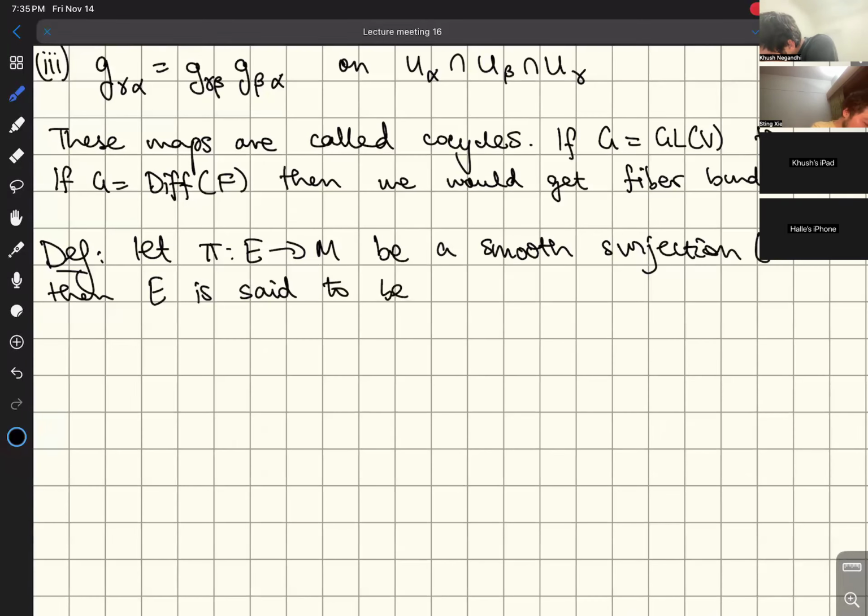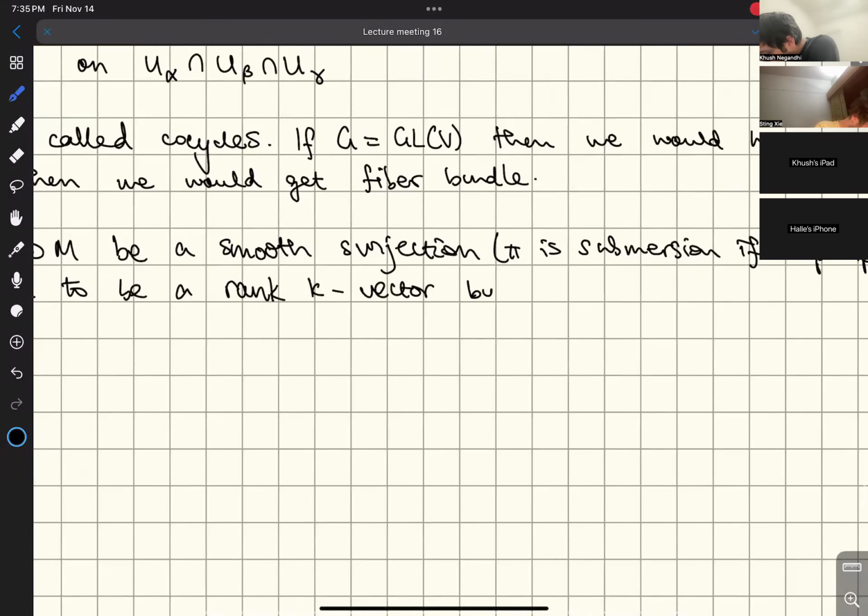If you have such a smooth surjection, then E is said to be a rank k vector bundle over M if there are certain properties that we require.